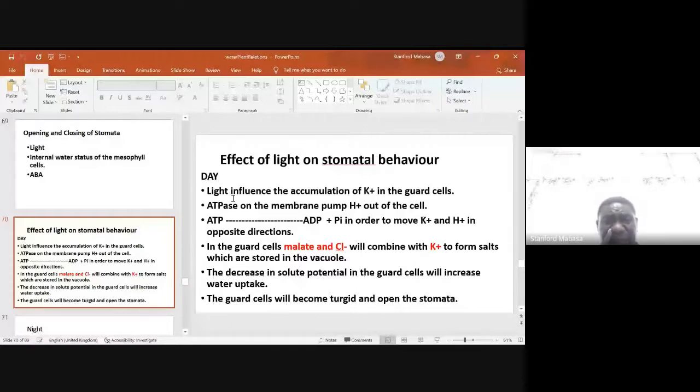So what is happening during the day is that potassium is pumped into the guard cells. And on the other hand, hydrogen ions are pumped out of these guard cells. The guard cells constitute the stomata.